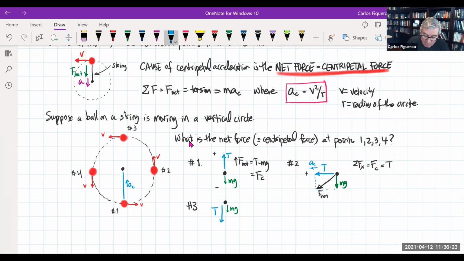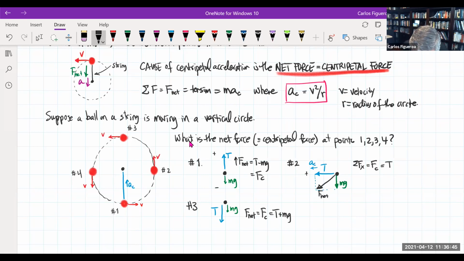So these guys are both pointed in the direction towards the center of the circle. So then I ask, what's the net force? Or I could say, what is the centripetal force? That's the component that points towards the center of the circle. And in this case, it's going to be T plus mg. That's what the centripetal force is.